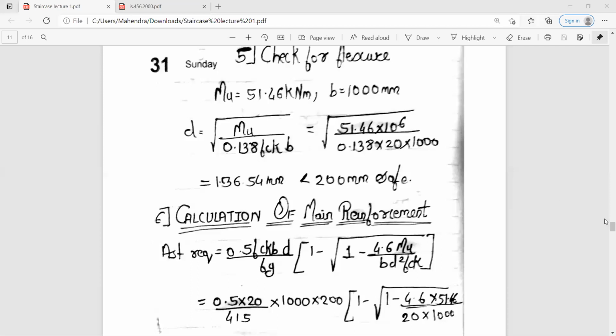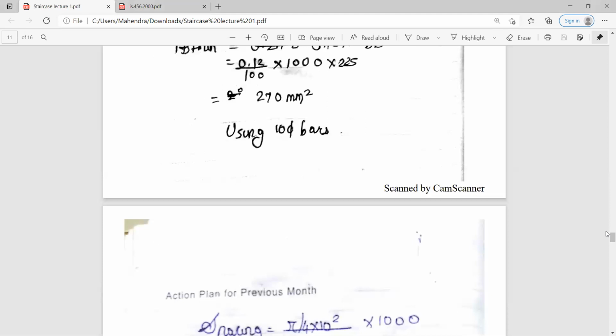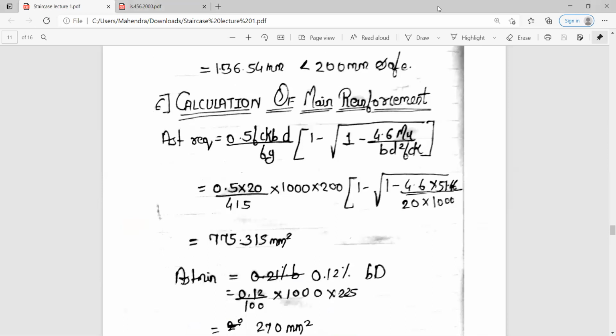Okay. So we need to calculate now the reinforcement. In step number 6, you need to calculate the AST required for the main reinforcement. First of all, the formula to calculate AST required, that is the maximum required area, is 0.5 FCK B D upon Fy into 1 minus under root of 1 minus 4.6 Mu upon FCK B D square.